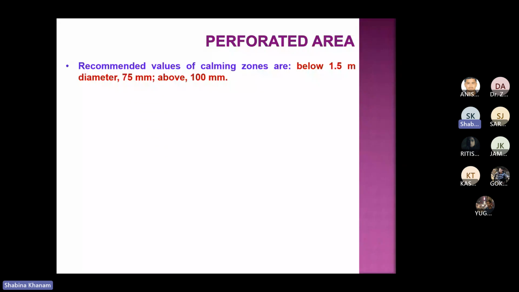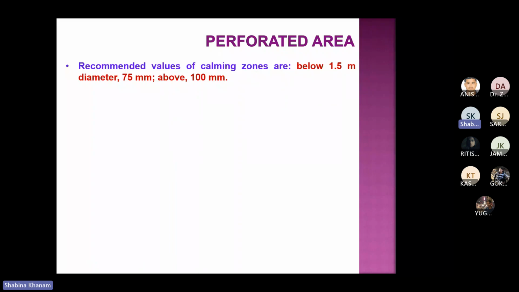Depending upon the downcomer percentage, which is also an important parameter and varies from 12 to 15 or so, we discussed all that.